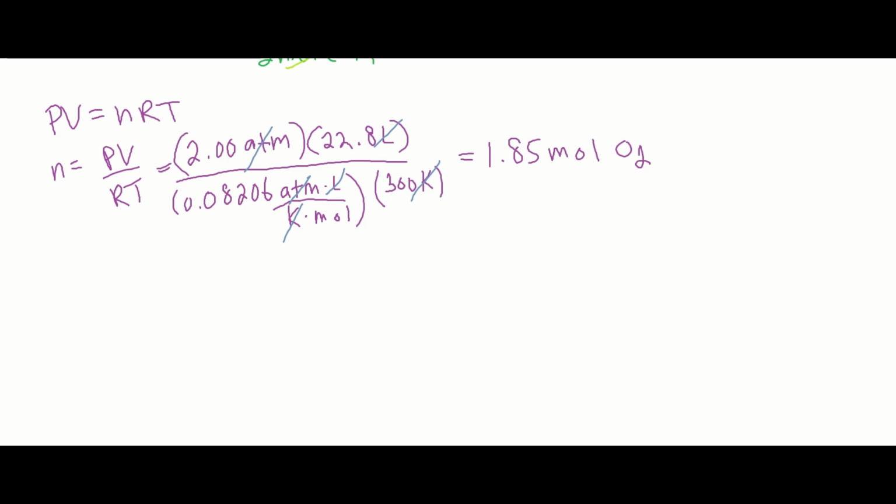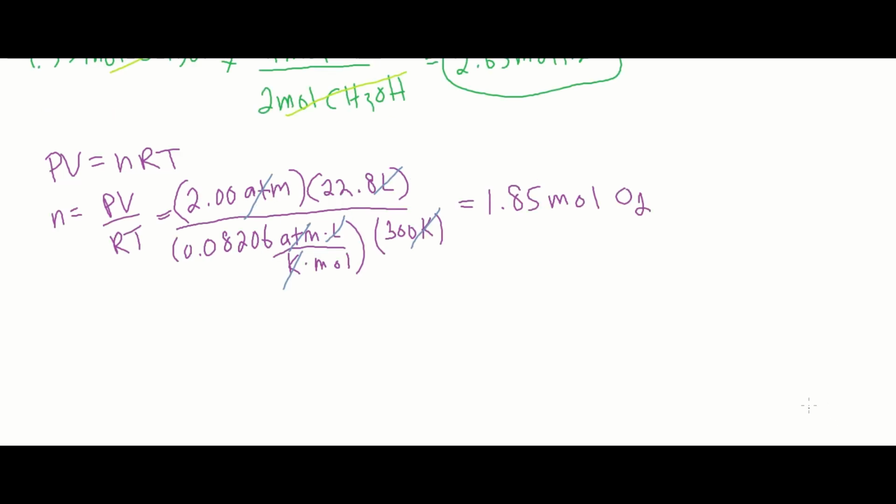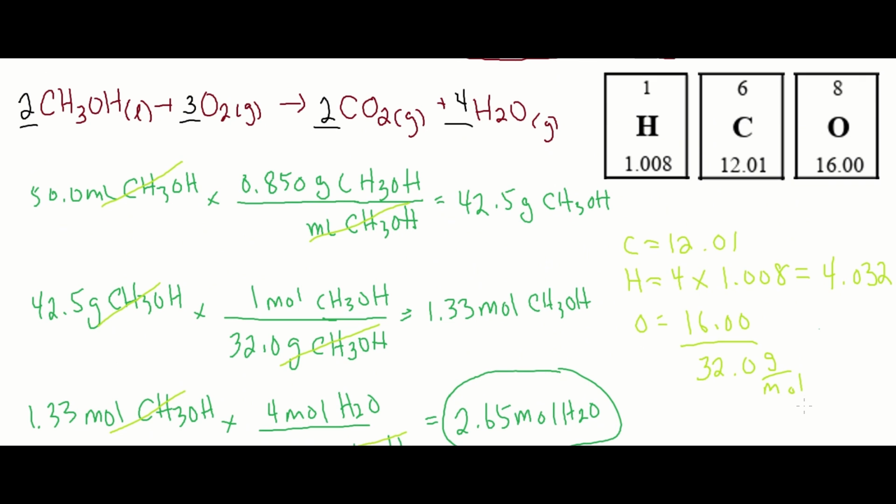Now let's take that and see how much water we can make. So the mole ratio between oxygen and water is 3 to 4.